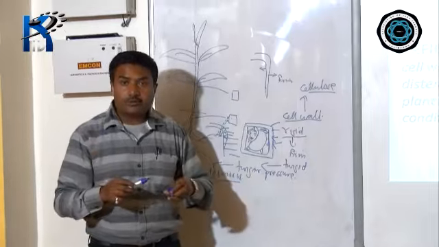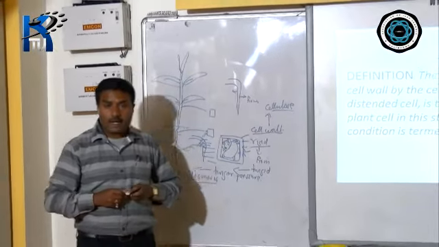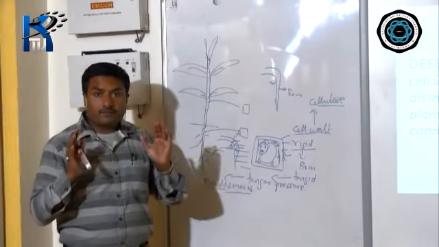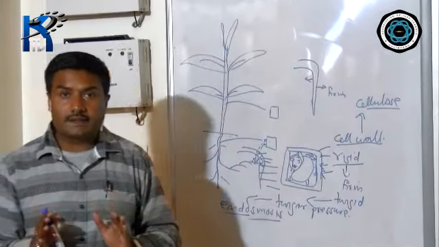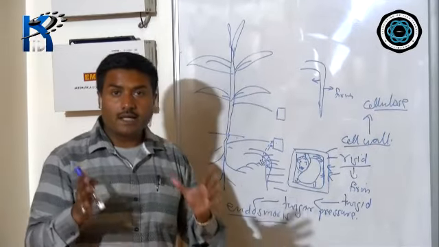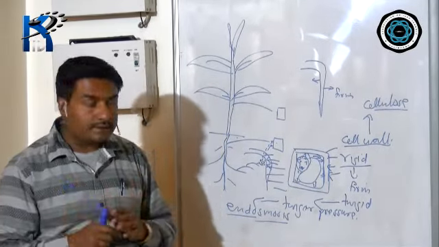So it is due to this turgidity that the plant remains erect. And there are a few importances of turgidity. First of all, it is due to turgidity that the plant absorbs water and minerals.